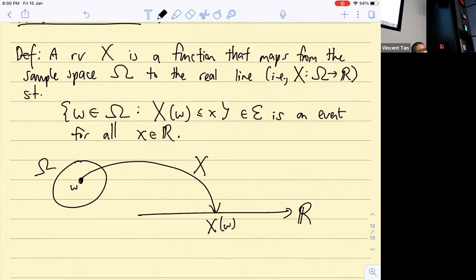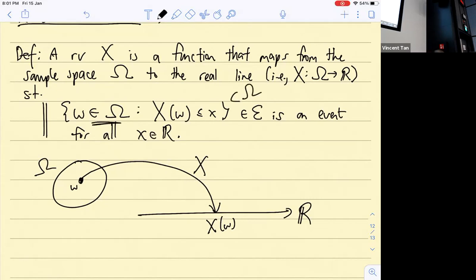Now, not all such functions that bring you from Omega to R are legitimate random variables. Which are the legitimate ones? They have to satisfy this condition. If I look at the elements omega in Omega such that X(omega) is less than or equal to x, look at this set. This is a subset of Omega.